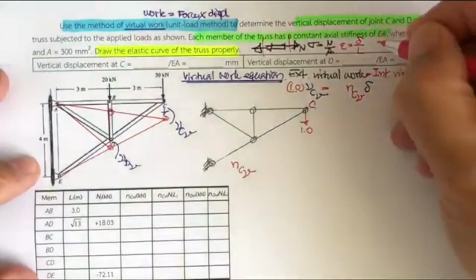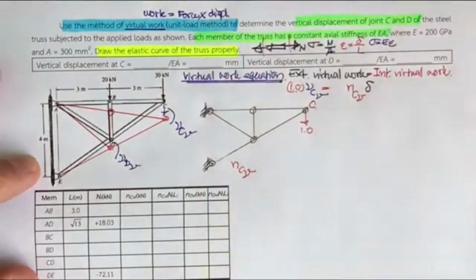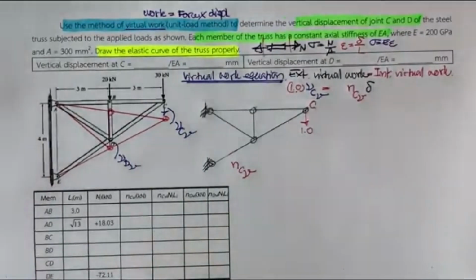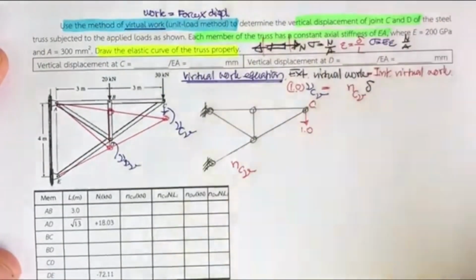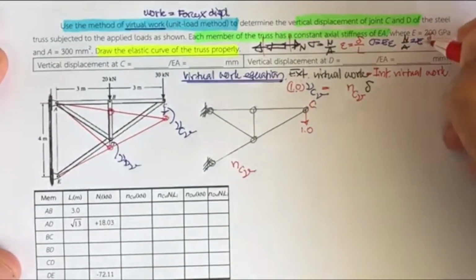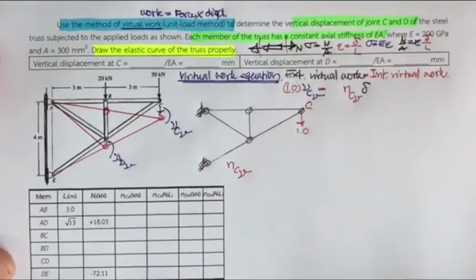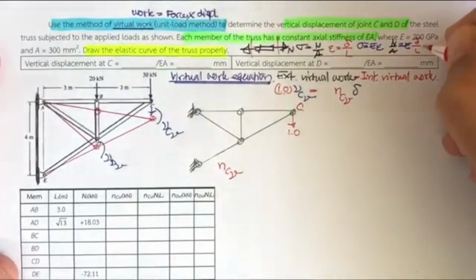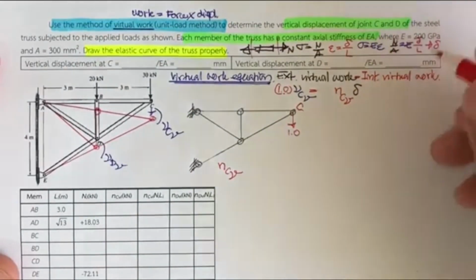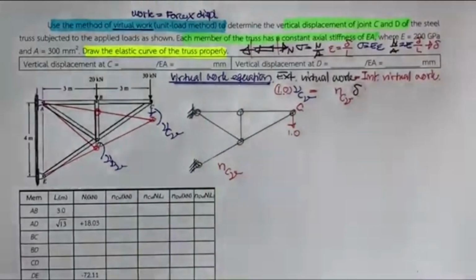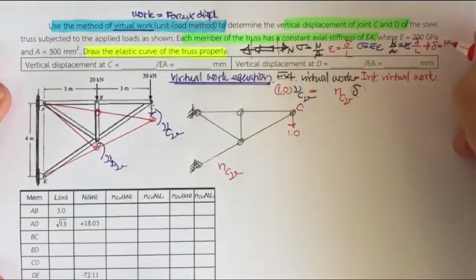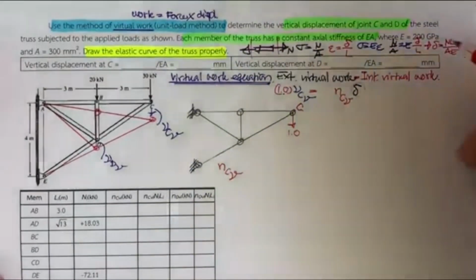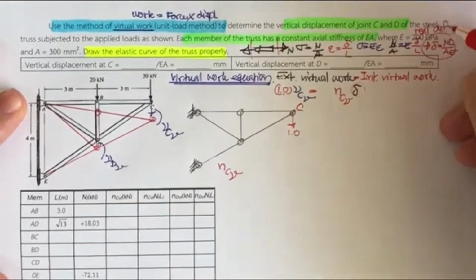Then Hooke's law gives sigma equals E times strain, which you have in mechanics of materials. So N equals A times E times elongation divided by L, and finally you arrive at delta, the shortening or elongation of each member, equal to N times L over AE.